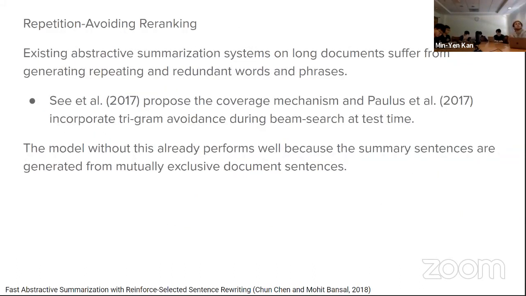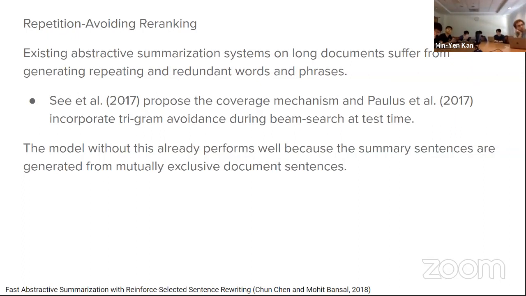And again, repetition is always the problem that summarization systems have been encountering. And in order to solve that, they use the coverage mechanism, the thing we just introduced in the last paper, and also another method called trigram avoidance that was introduced by Paulus in their paper in 2017.